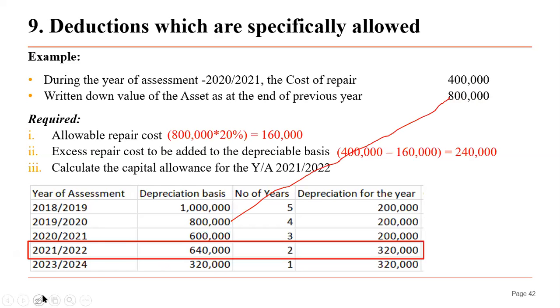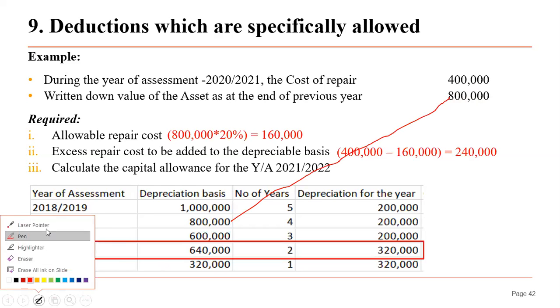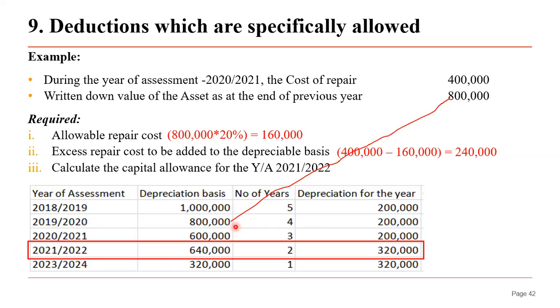Then the WDV for 2021 is normally 400: 600 minus 200 equals 400 is the WDV. Then it is required to add the disallowed excess repair cost here.